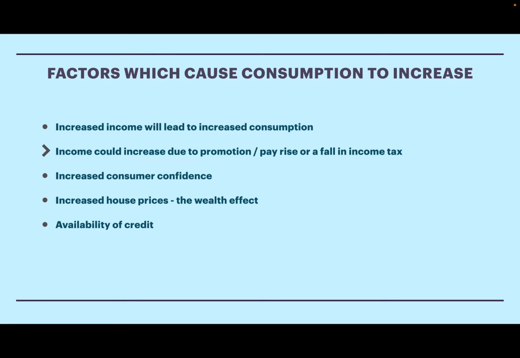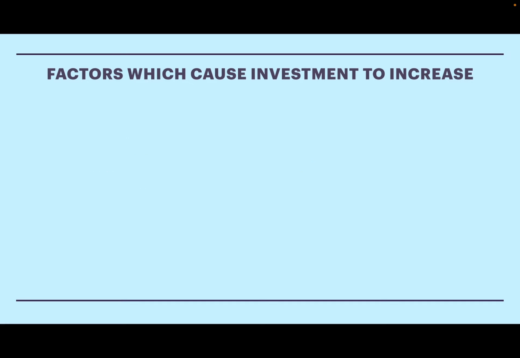So after the housing price crash and the credit crunch, banks became more cautious about lending money. So what would happen is there was less availability of credit, so less consumption. But if banks become a little bit less cautious, then there will be more availability of credit and therefore more consumption. But I can't see that being particularly likely in the near future.